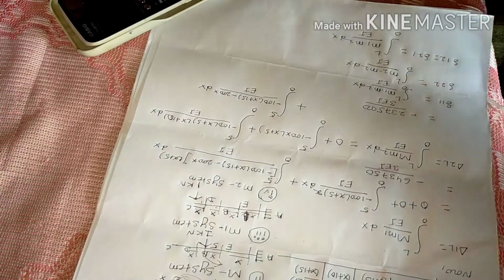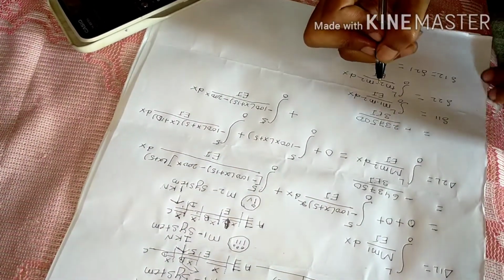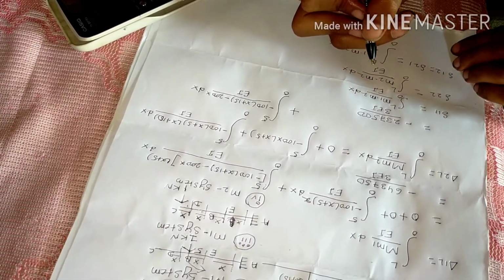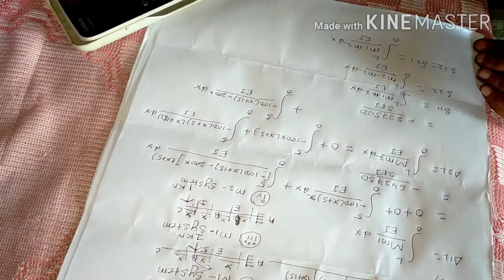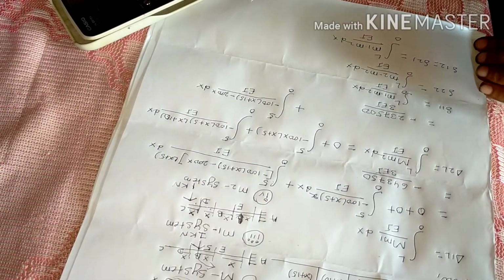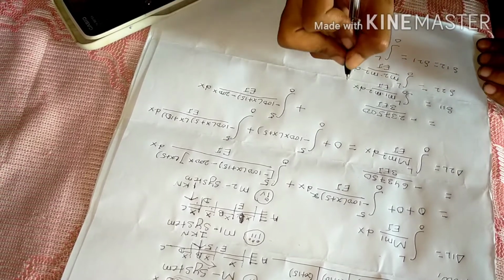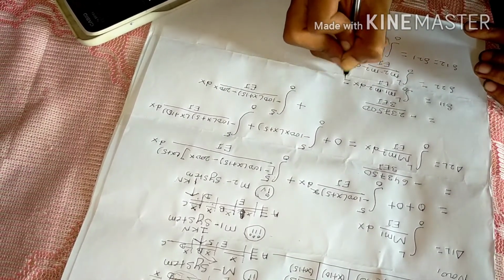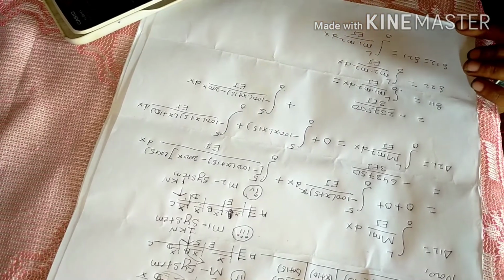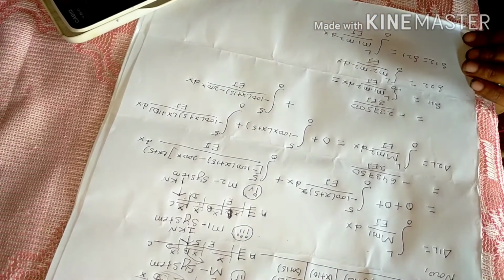Now on substituting all these values, as we calculated above the values of del 1L and del 2L, let us substitute all the values and calculate using calculator. Now do the calculation yourself so as to strengthen your focus on calculation.